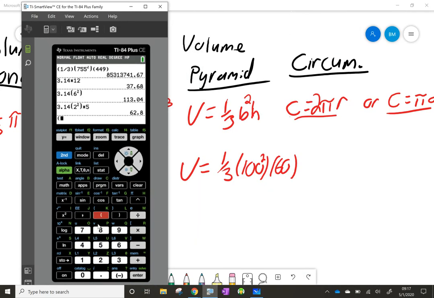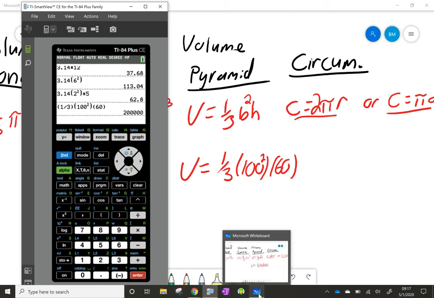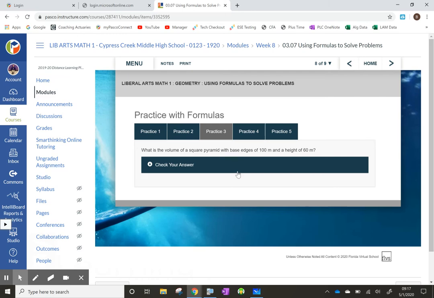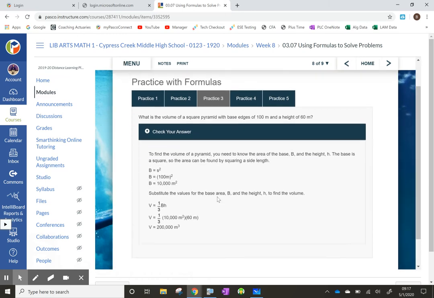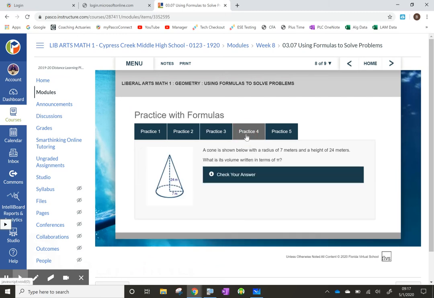So 1/3, again, is 1 divided by 3 in parentheses, times 100 squared, and then times 60. And we get 200,000. So the answer there should be 200,000. Yep, and we're good. So again, just make sure you read the problem carefully.